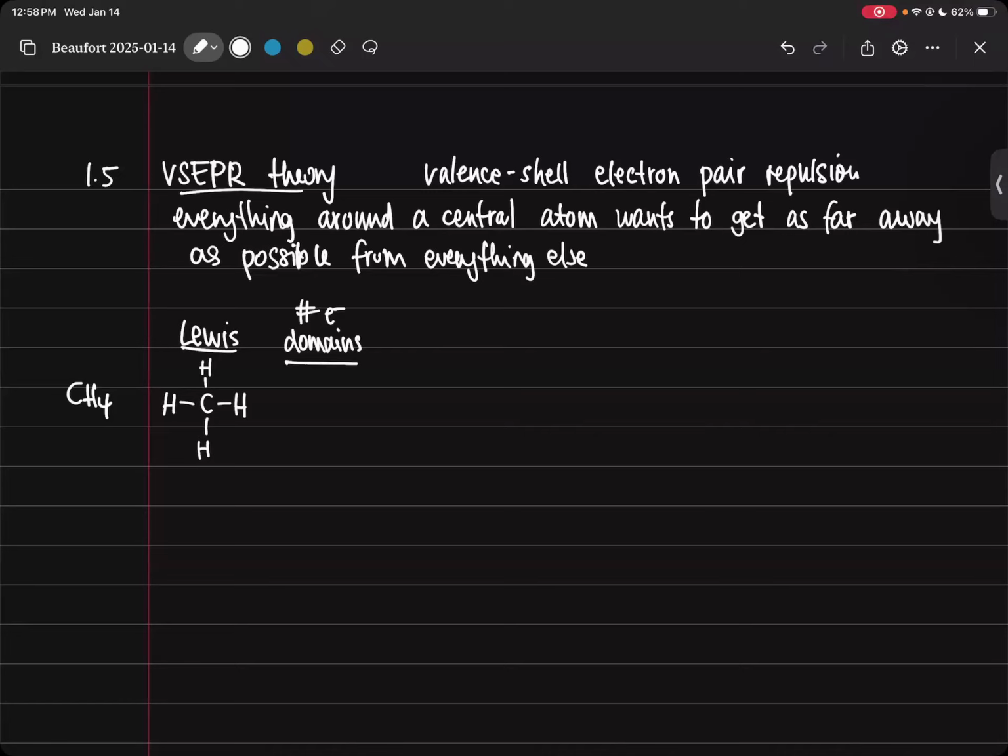In this case, the carbon has 4 bonds and no lone pairs. So it's got 4 electron domains. Based solely on the number of electron domains, we can associate that with a specific electron domain geometry. So what is 4 in electron domain geometry? Starts with a T. Tetrahedral.